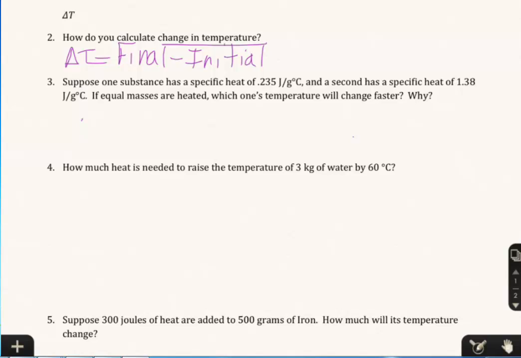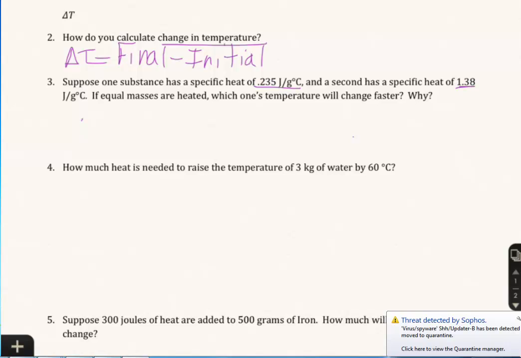Alright, number three, suppose one substance has a specific heat of 0.235 and another has a specific heat of 1.38 joules per gram degree Celsius. If equal masses of these things are heated, which one's temperature will change faster and why? Well, remember what specific heat means. Specific heat tells you how easy something's temperature changes or how much energy is required to change its temperature.